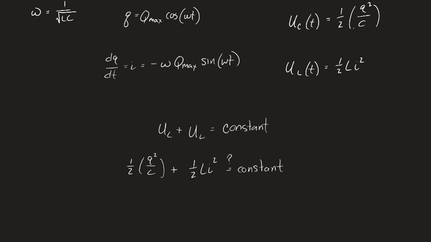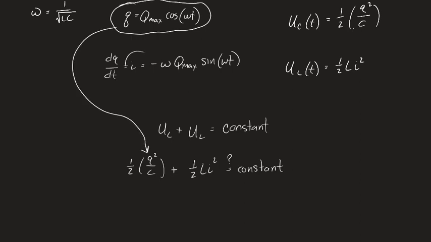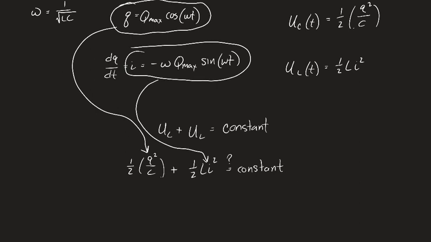That's what I'm asking. I have q as a function of t right here. And I have i as a function of t right here. That's what I'm asking you to do. Plug those in. See what happens. I see the disconnect. Let's connect those dots.